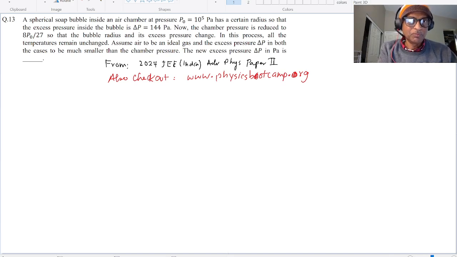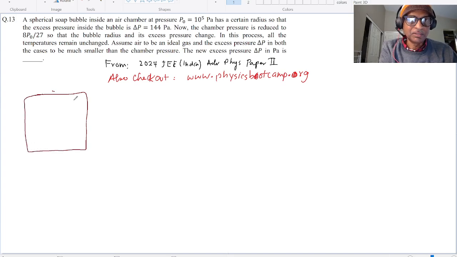Okay, so what this is, you have some pressure chamber, which pressure is this amount, close to 1 atmosphere, and there's a bubble which is a soap bubble, which means it's going to have two surfaces.